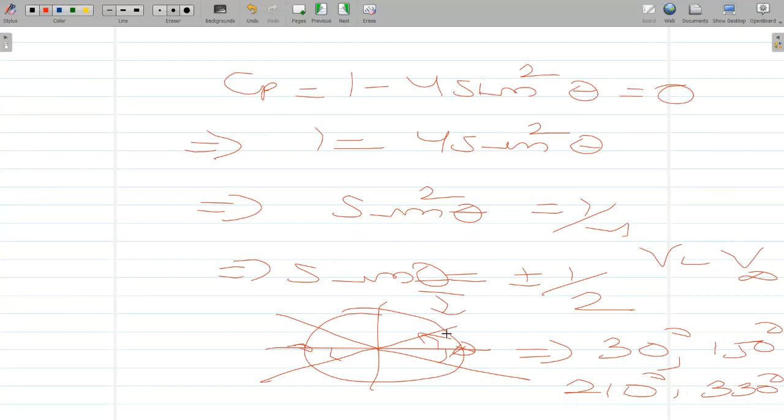So these are the locations where sine theta will be plus minus half: 30 degrees, 150 degrees, 210 degrees, and 330 degrees.